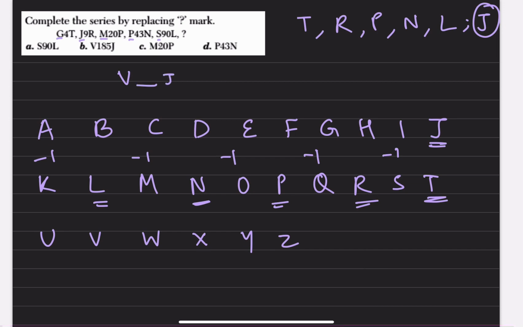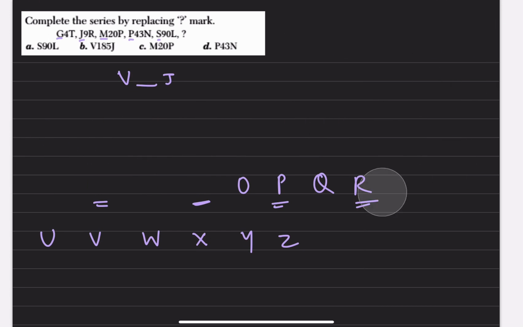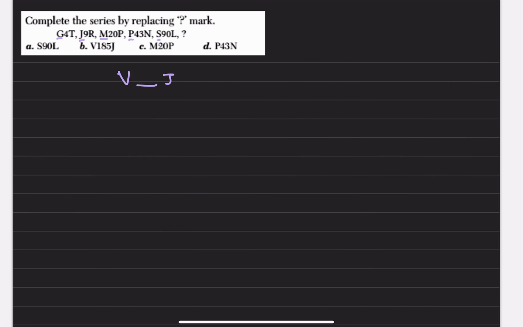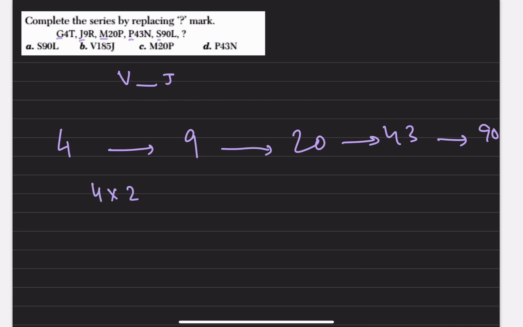Now we are supposed to find the number. We have 4, then 9, then 20, then 43, then 90. At first glance you may not get any idea, but you can see that 4 into 2 is 8, and 8 plus 1 is 9, right? So we can go ahead with the same idea. 9 into 2 is 18, but the answer over here is 20.